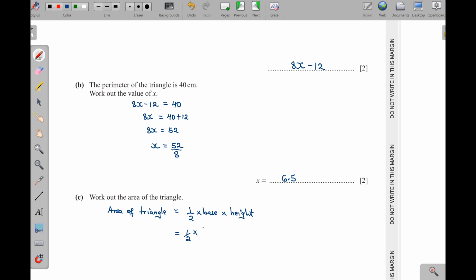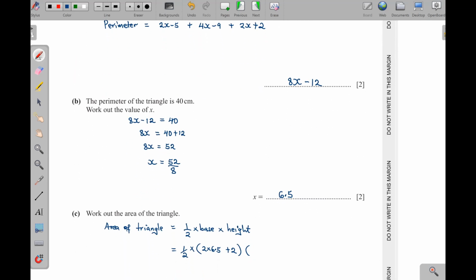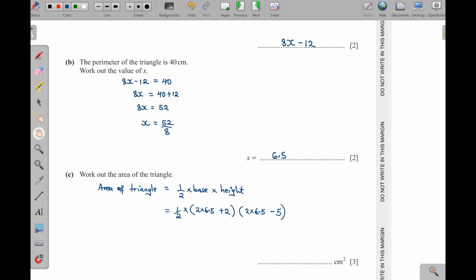So we have 2, then x is 6.5, then plus 2. And then times the height, which is actually 2x minus 5. So what do we have in here?